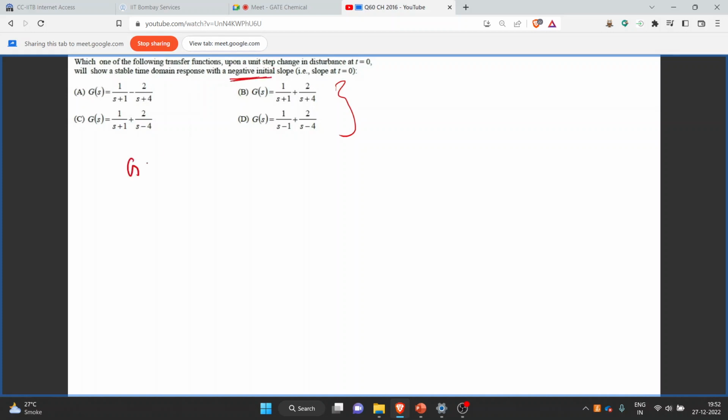The transfer function we can write as output upon input, that is G of s is equal to Y of s upon X of s. In this question we have been given a unit step change, so X of s will be 1 upon s. So the response in the s domain we can write as Y of s is equal to G of s into X of s, which becomes G of s upon s.